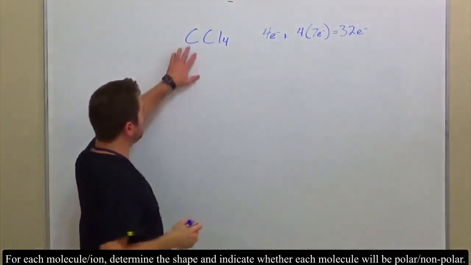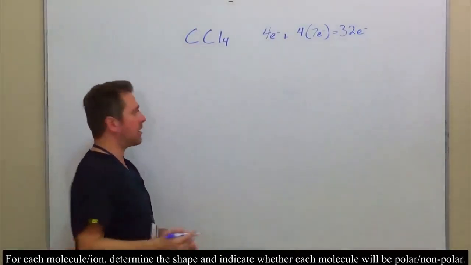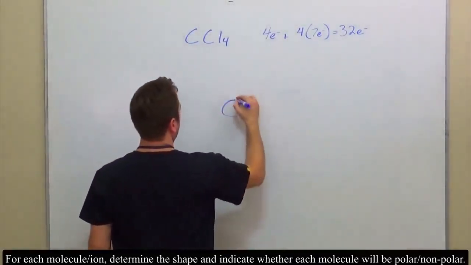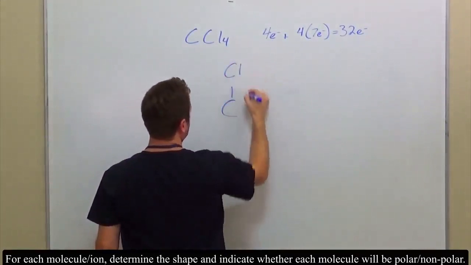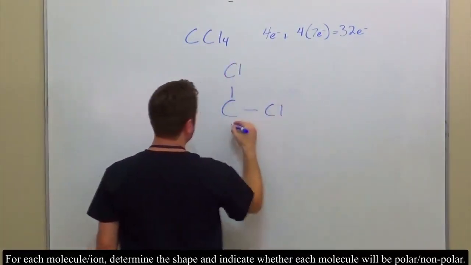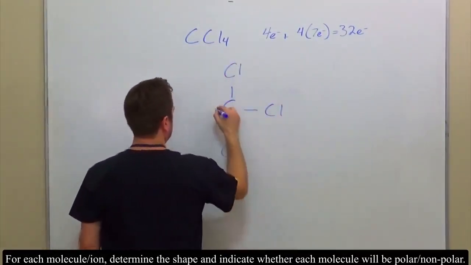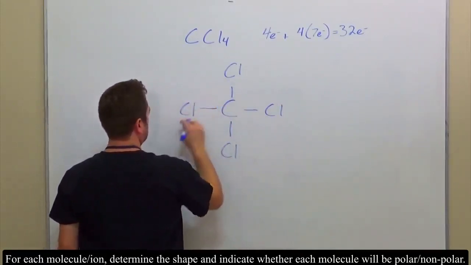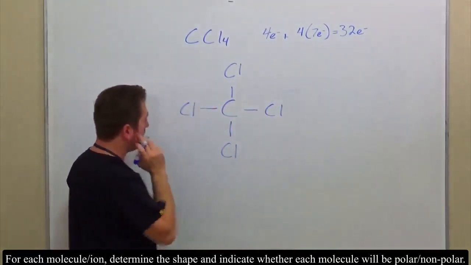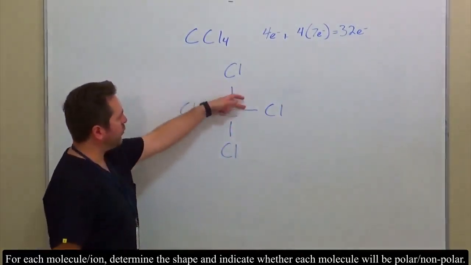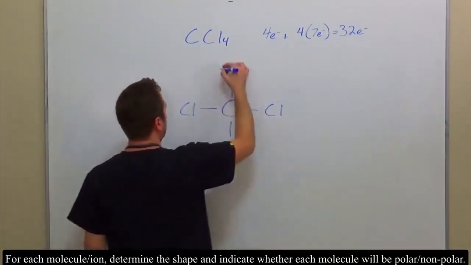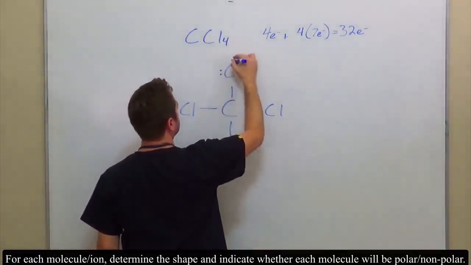Now carbon obviously is going to be in the middle, and it's going to be surrounded by chlorines. So here's our carbon. I'm going to go ahead and connect them all to the carbon. Okay, so we've accounted for 2, 4, 6, 8. So now we've got to go through the lone pairs.